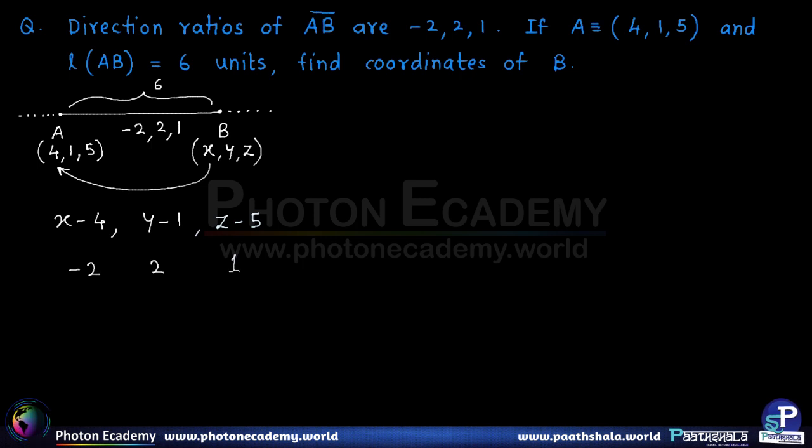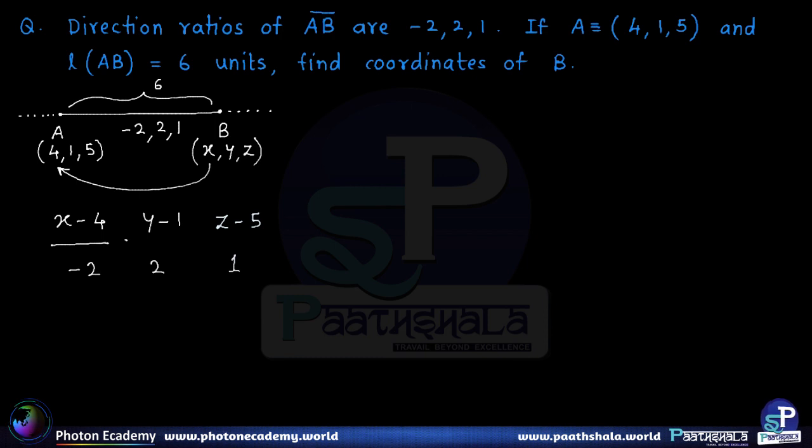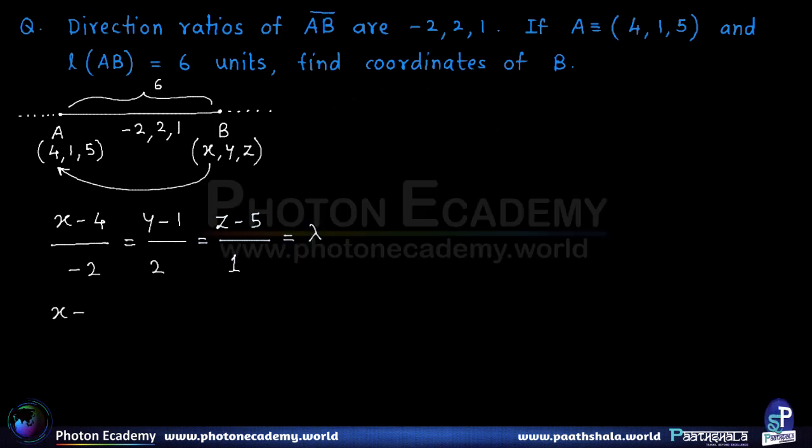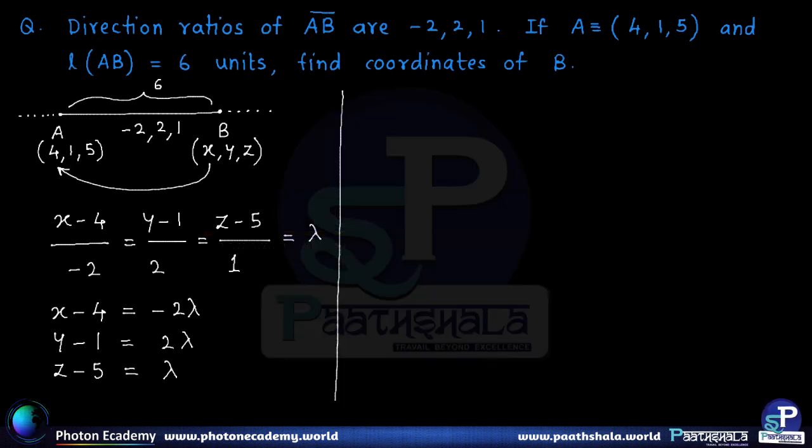So that means the ratio of the corresponding quantities mentioned here must be equal all along, correct? So therefore we must have these 2 sets in the same proportion. So let us call that particular common factor as lambda. So therefore we can write x minus 4 is equal to minus 2 lambda, y minus 1 is equal to 2 lambda and z minus 5 is equal to lambda.